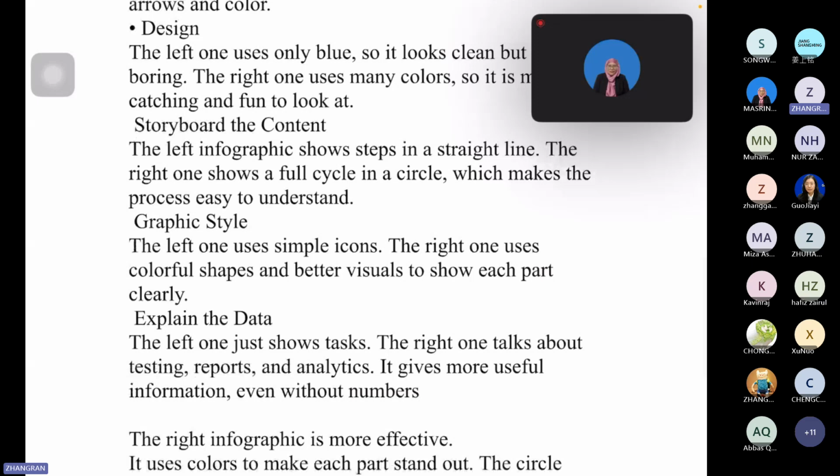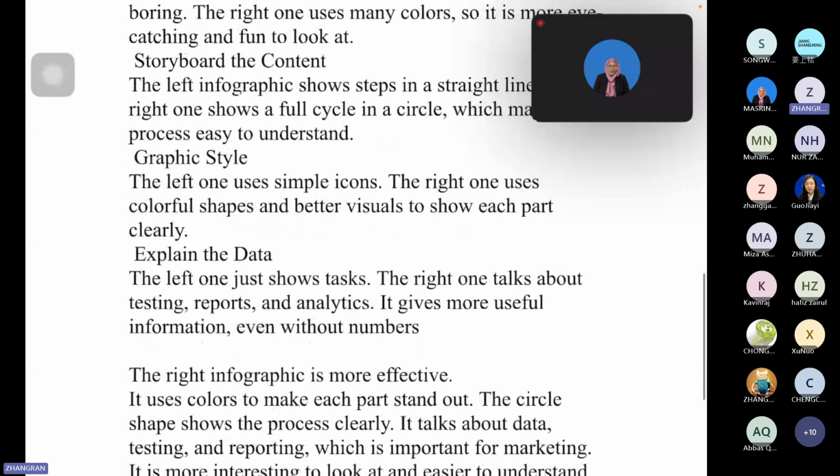The first picture shows steps in straight lines. The red shows us four circles. It can help us to understand.